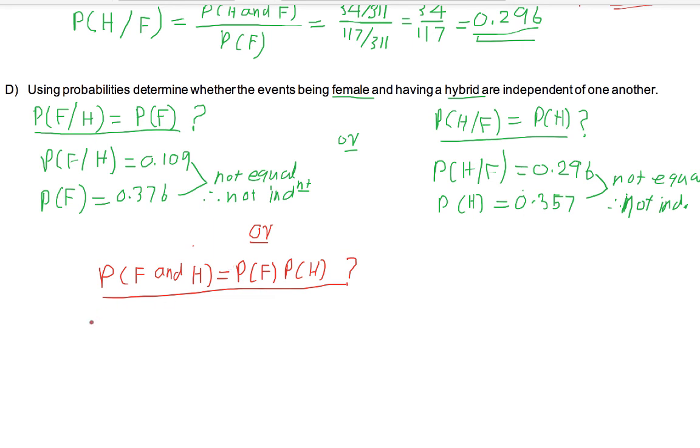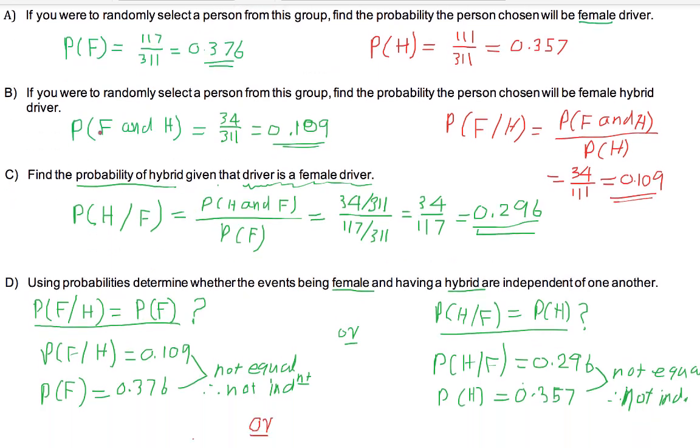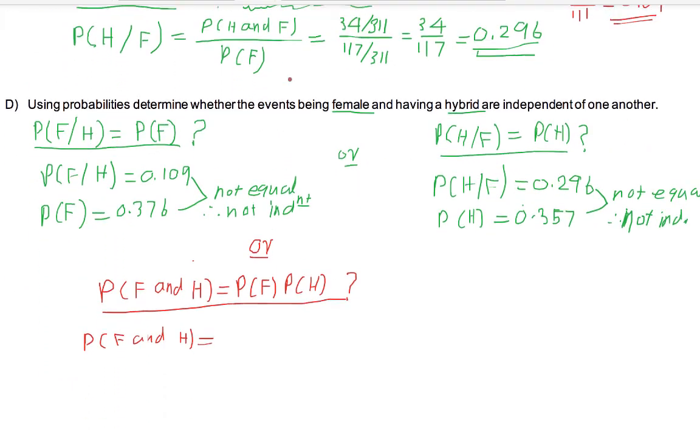So let me check probability of F and H. I think we do have probability of F and H here, 0.109.